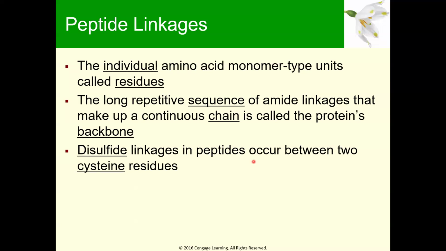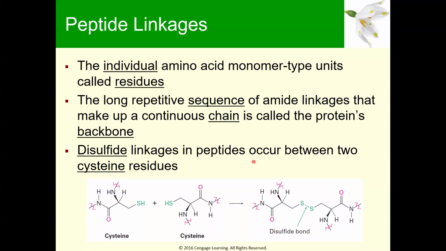So when I say you don't have to memorize the 20 amino acids, you don't need to memorize the structure of cysteine, but there are two things about cysteine you do need to remember for quizzing and testing purposes: it has sulfur in it, and if two cysteines are in a good position relative to each other, they can form that disulfide linkage. You've got the picture there in your handout as well. Basically, you oxidize these two thiol functional groups and you get the disulfide bond.